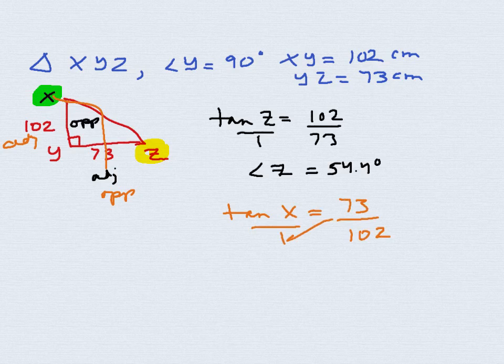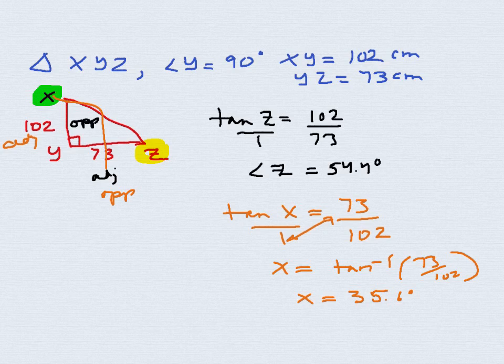So 73 divided by 102, get a decimal equivalent, and then take the second function tan of that quotient, and the value for X is going to equal 35.6 degrees. And Z and X, of course, should add together to give you 90.